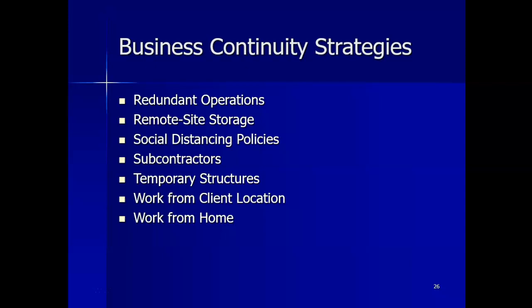Now we have temporary structures, otherwise known as modules. And arguably, this is a special type of alternate site that is rapidly deployed to replace damaged or destroyed facilities. Mobile sites would also fall into this category. Next, we have the work from a customer or client location. And this strategy is usually an additional or supplemental rather than a primary strategy.